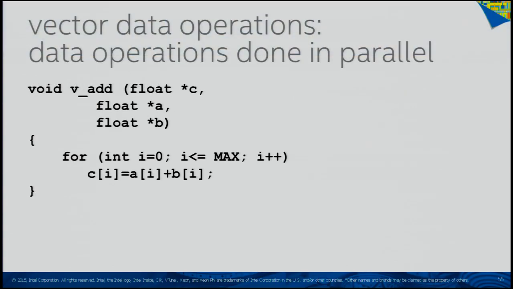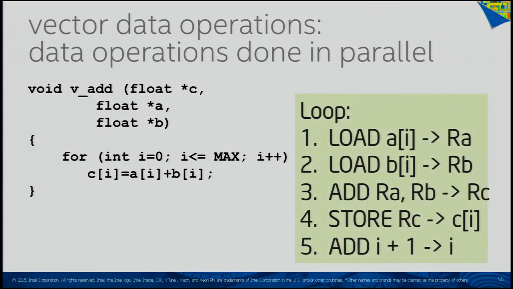So we can start with an example program. Here's a nice little C program. It looks nice and simple. Normally, if I was a compiler, to implement this loop I'm going to load this data into a register, load this data into a register, add them, and then store them back. Then I increment my index by 1 and go through the loop again.